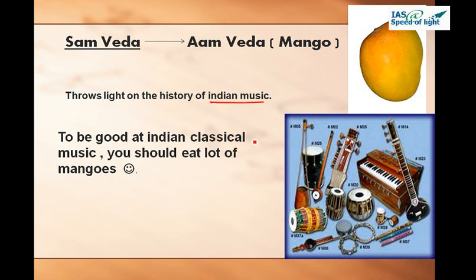So to be good at Indian classical music, you should eat a lot of mangoes. See yourself, so many classical singers who used to play this Indian music eat a lot of mangoes before they go to perform any show. So Sam becomes Am or mango, and you are linking it with Indian classical music.